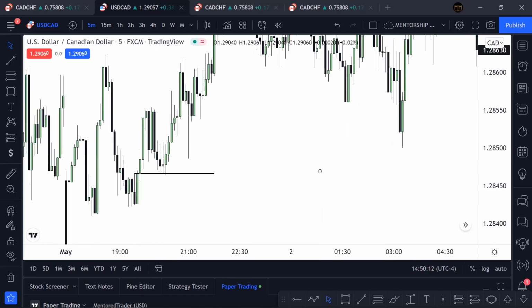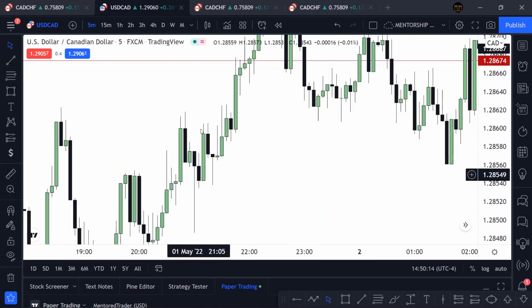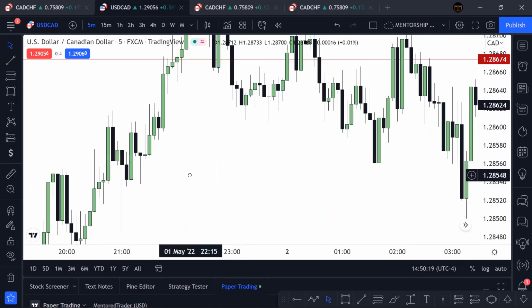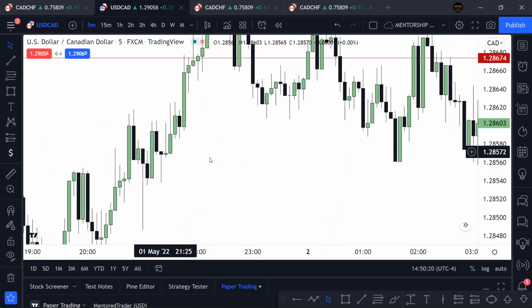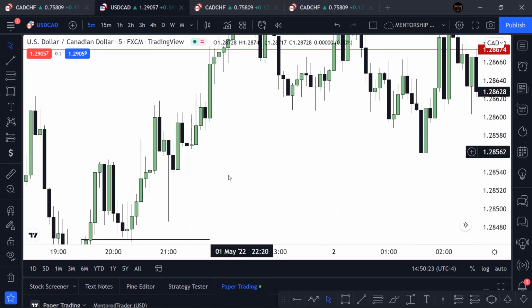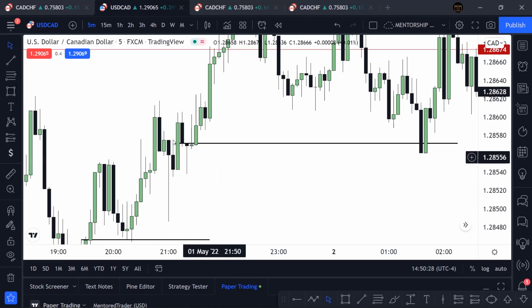Now let's look at this candle as well. Is this an order block? Yes, it is. Now once these candles are used for the first time, do not expect price to come back and respect that level for the second time. Order block here. Where do you put your stop loss?